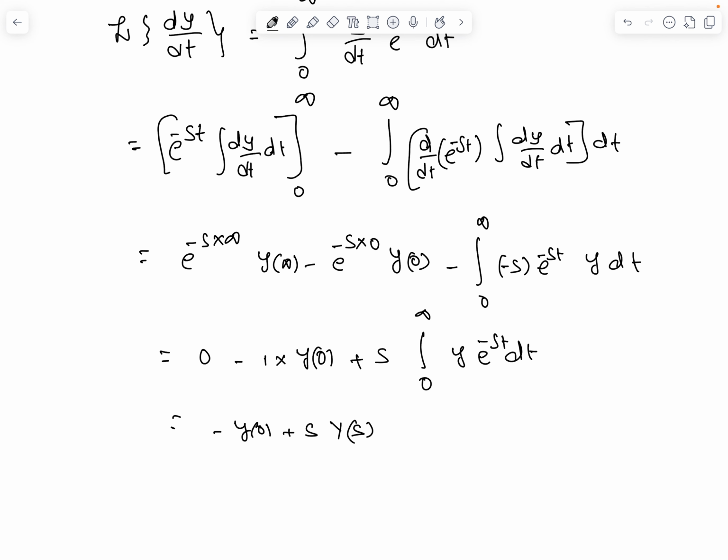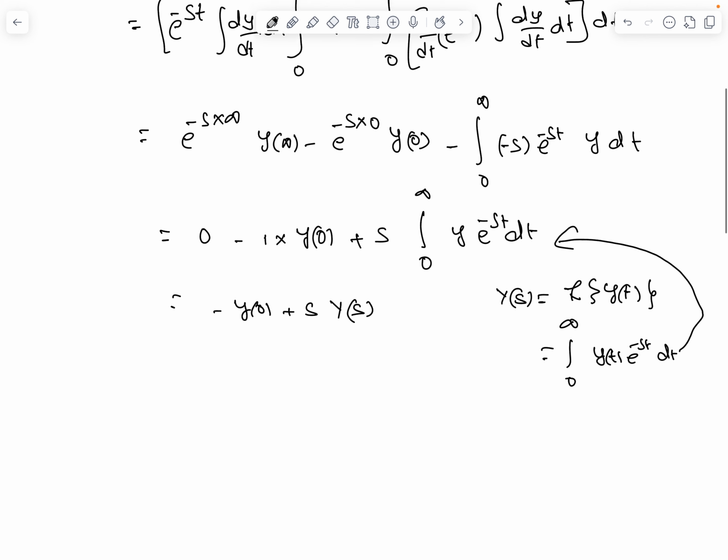You see, Y of s is by definition the Laplace transform of y of t, which is equal to the integral from 0 to infinity of y of t into e power minus st dt, and which is the same as this one. Therefore, the Laplace transform of the first derivative is giving this relation.